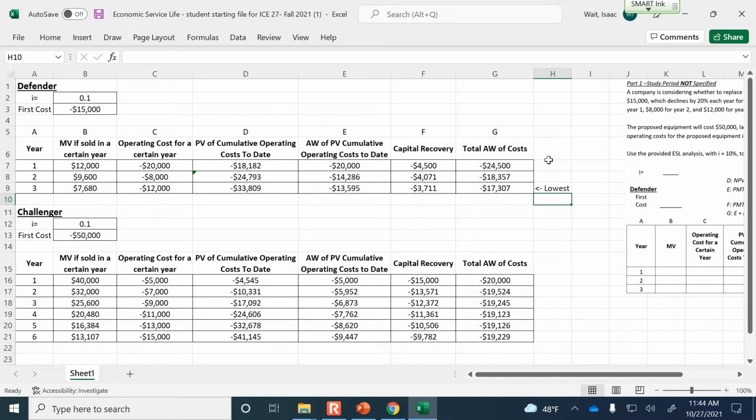So the best choice, if we want to minimize our costs, is to continue owning the Defender and to keep it for 3 years after now. That's cheaper than buying the Challenger. So if no study period is specified, then our overall conclusion is that we keep the Defender for 3 years, and our decision criteria is that we've identified the lowest total annual worth of costs.